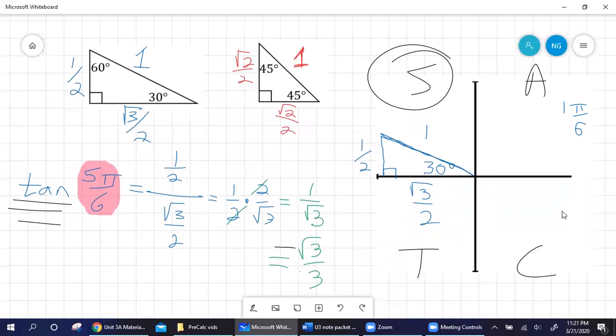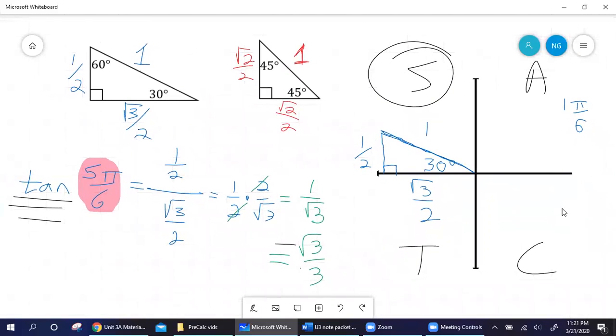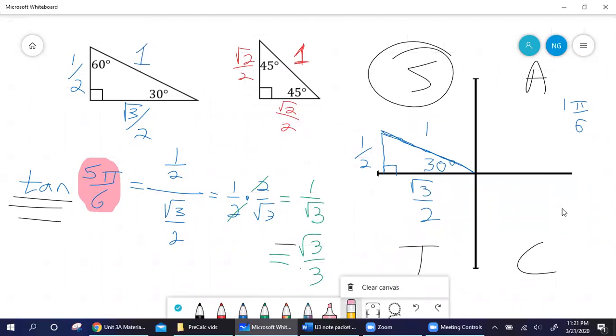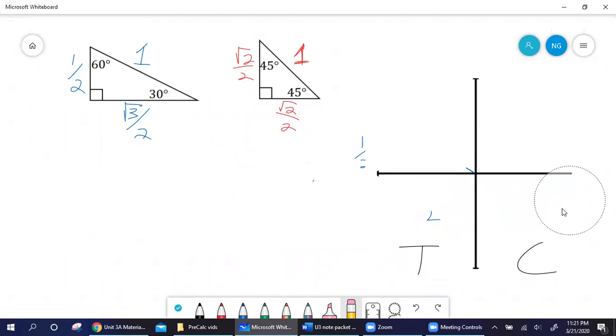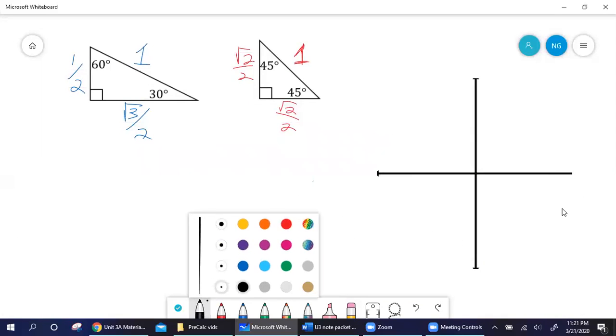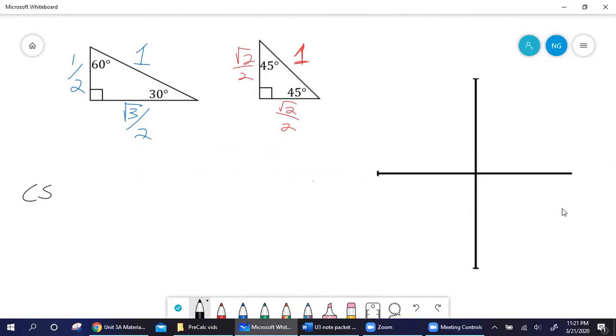Okay, so for letter C, now it wants the cosecant. Okay, we haven't dealt with the reciprocal trig very much.